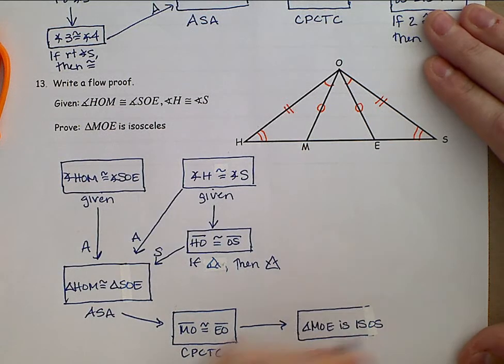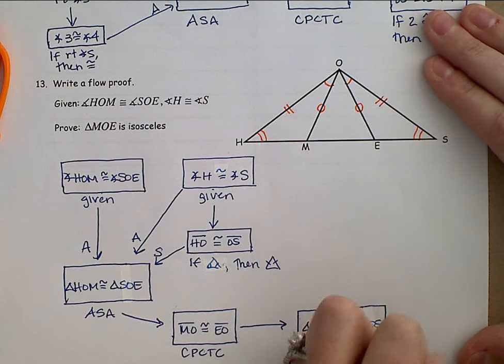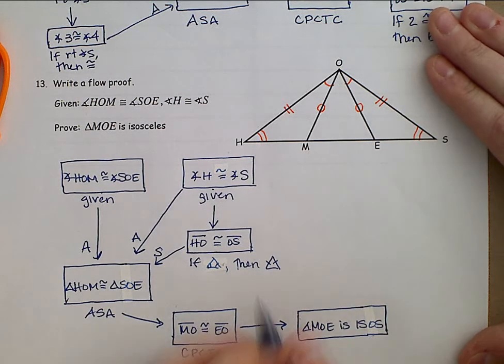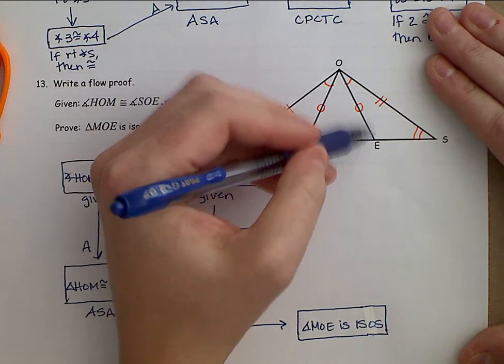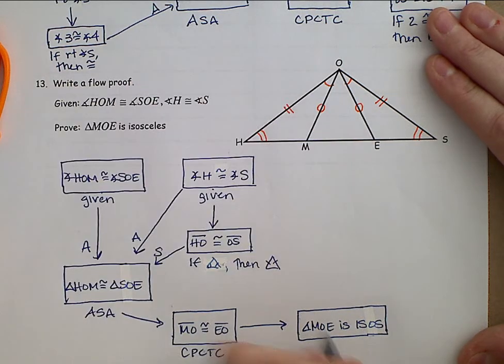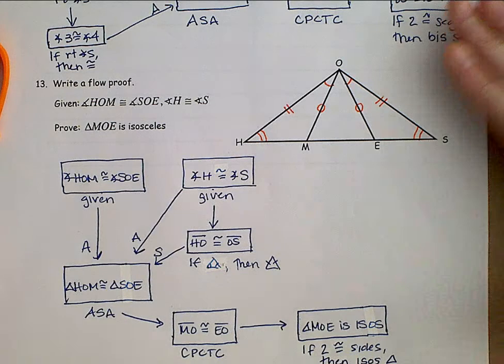You can abbreviate isosceles as ISOS if you'd like. Okay? So let's use what we know. If two sides are congruent in a triangle, then isosceles. So if two congruent sides, then isosceles triangle. Okay?